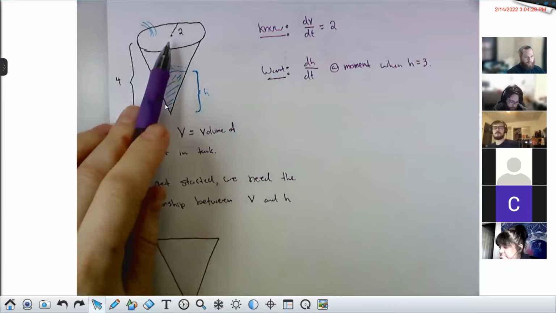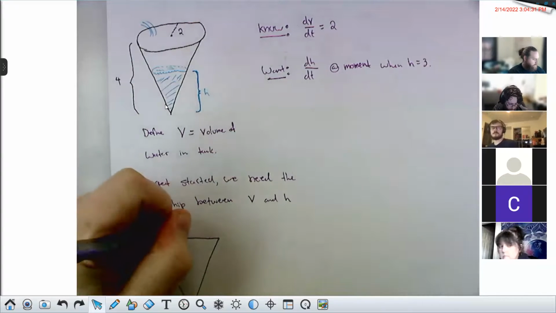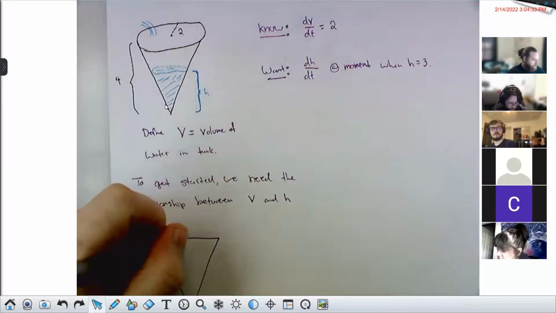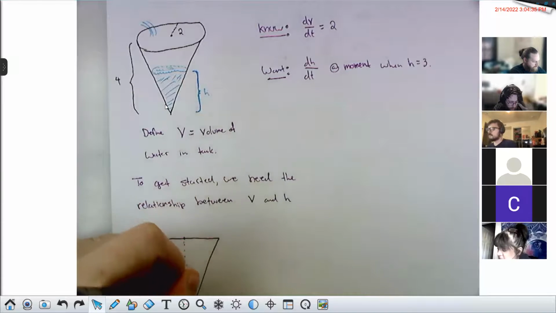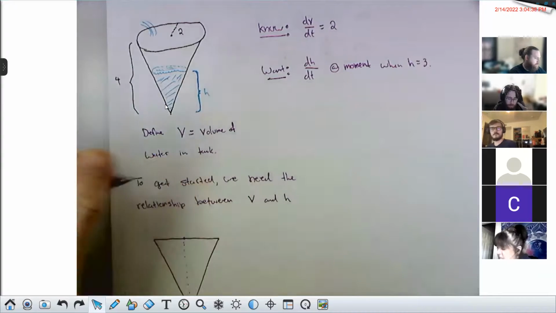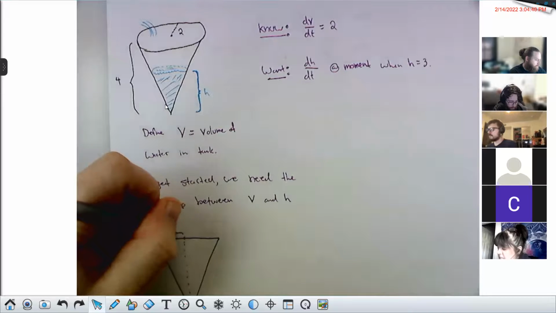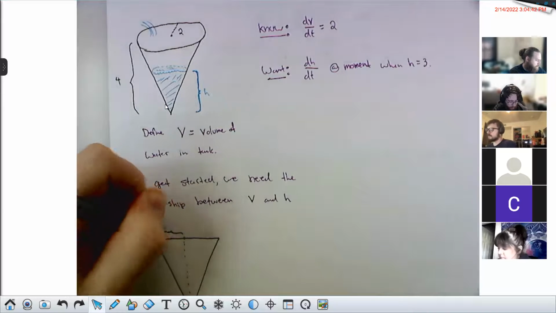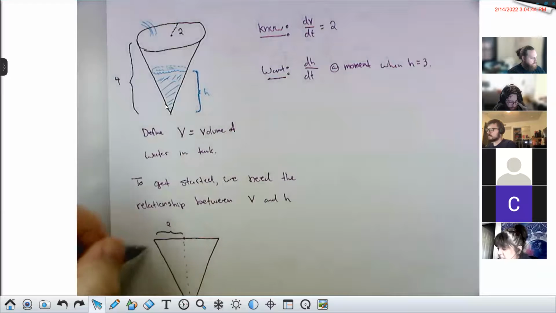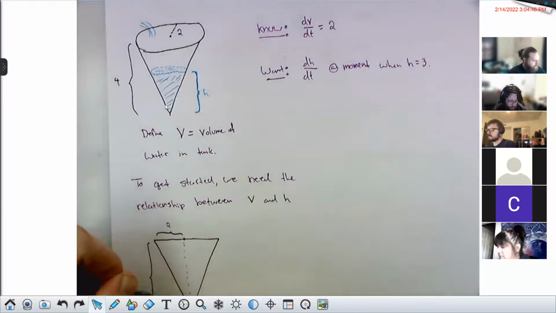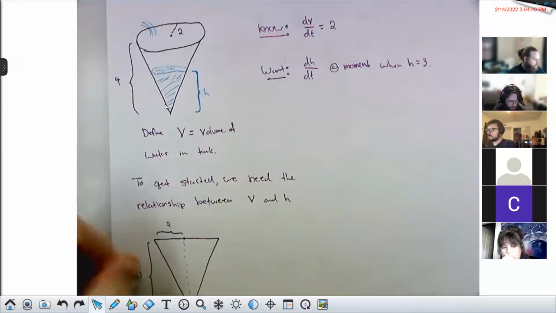Since the radius of the top is 2, right? If I split this in 2, drop a line straight down there. They told me that the radius is 2, and the height is 4. Haven't quite drawn it to those proportions, but whatever.